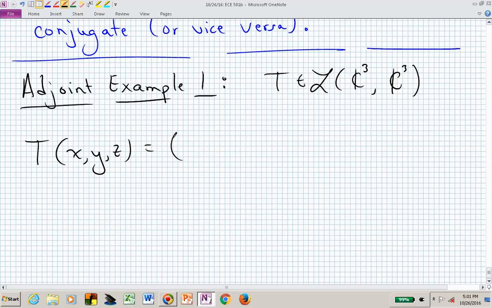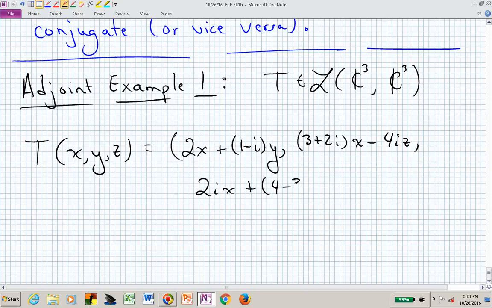It's going from C3 to C3. Let's say the first coordinate is 2x plus (1 minus i)y. The second coordinate, let's say, is (3 plus 2i)x minus 4iz. And the third coordinate, let's say, is 2ix plus (4 minus 3i)y minus 3z. And we actually want to find the adjoint of that linear map.